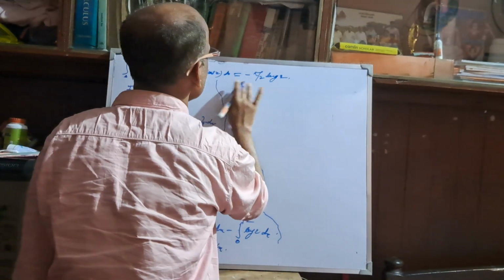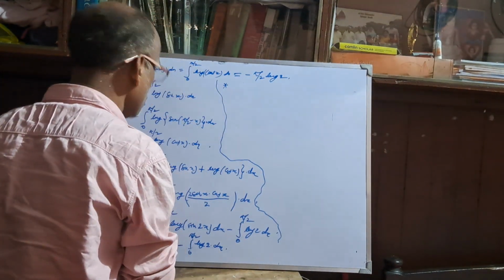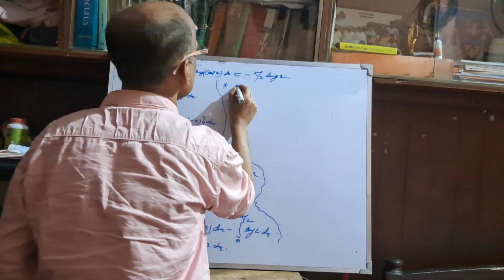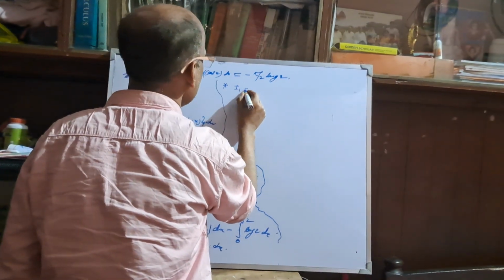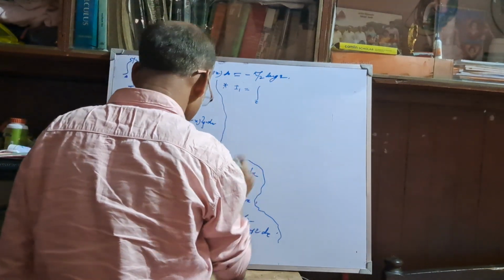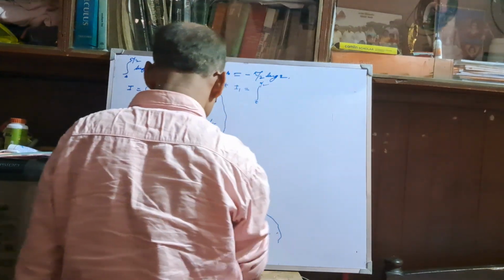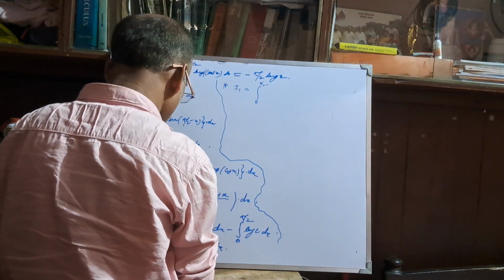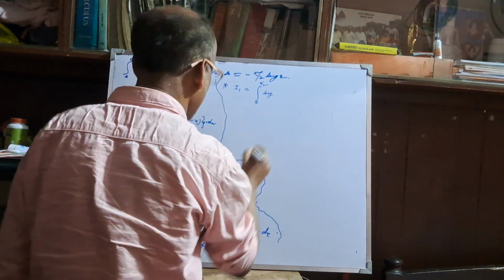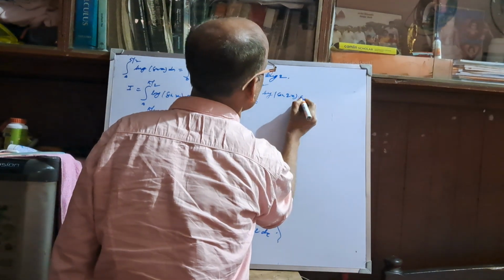I1 is equal to, I am writing from here to get more space, integral from 0 to pi by 2 of log sin 2x dx.